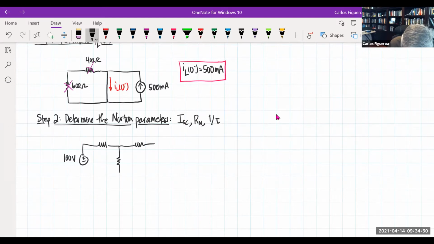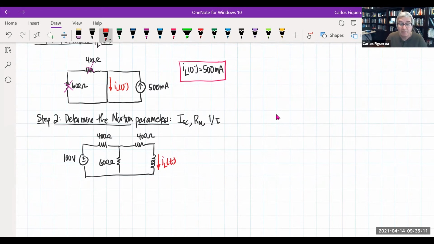And then I have my inductor. So 400 and 600. And I know that this is my inductor right here, and I have this current IL of t.